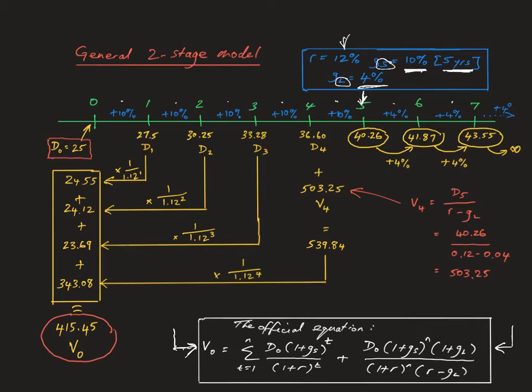And it becomes simply a proposition of mechanistically mapping out with your calculator, using the growth rate information that you have, what each of the projected dividends are going to be for the next 5 to 7 years. Growing that 25 starting point by 10% gets you all the way down to 40.26 at T5, which is the last of the high growth rate dividends.